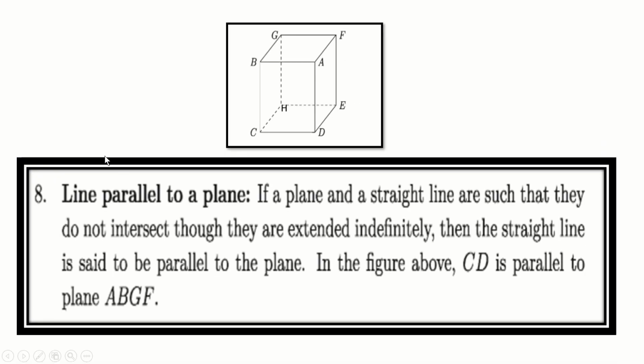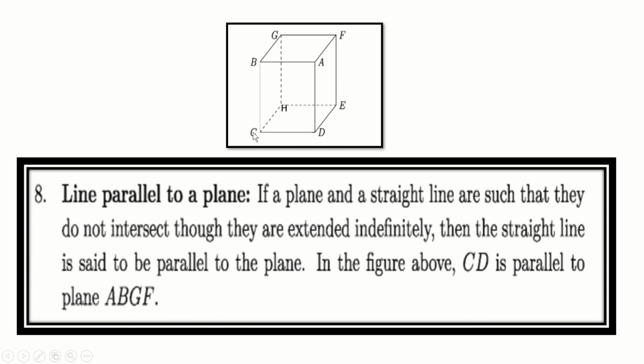Follow the figure again. Number 8, line parallel to a plane. If a plane and a straight line are such that they don't intersect though they are extended indefinitely, then the straight line is said to be parallel to the plane. In the figure above, CD is parallel to ABCF.